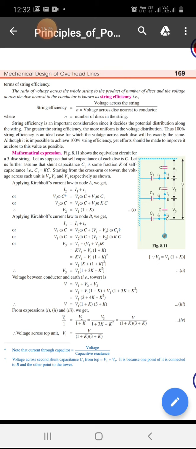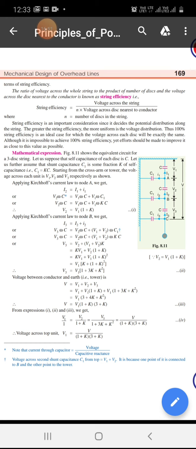So I can write V2 omega C is equal to V1 omega C plus V1 omega C1. Now V2 omega C is equal to V1 omega C plus V1 omega Kc, because C1 is Kc. So V2 is equal to V1 times (1 plus K).